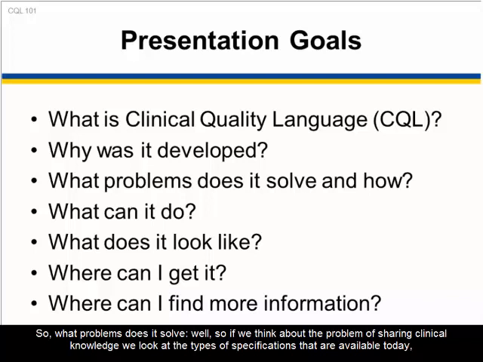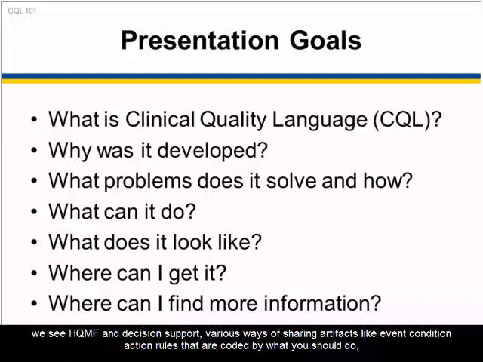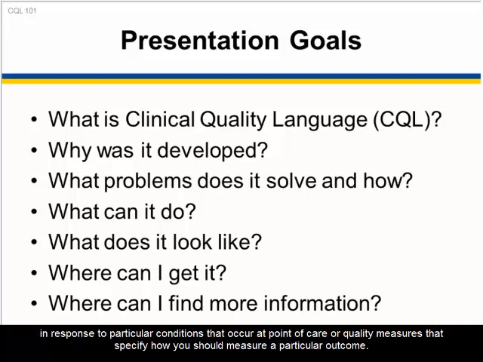So what problems does it solve? Well, if we think about the problem of sharing clinical knowledge, we look at the types of specifications that are available today. We see HQMF and decision support, various ways of sharing artifacts like event condition action rules that codify what you should do in response to particular conditions that occur at point of care, or quality measures that specify how you should measure a particular outcome.